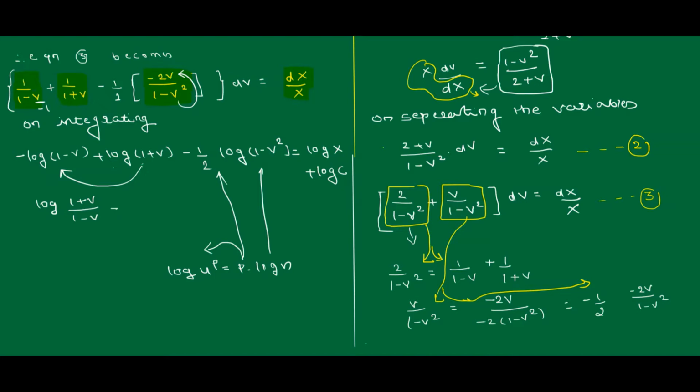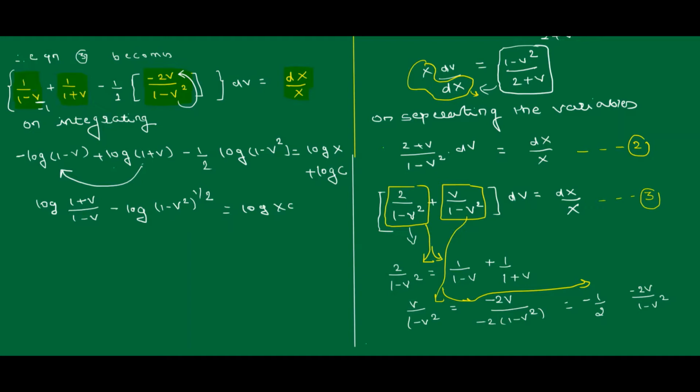So that is logarithm of 1 minus v square raised to 1 by 2 is equal to logarithm of x into c. Log u plus log v is equal to log u into v.